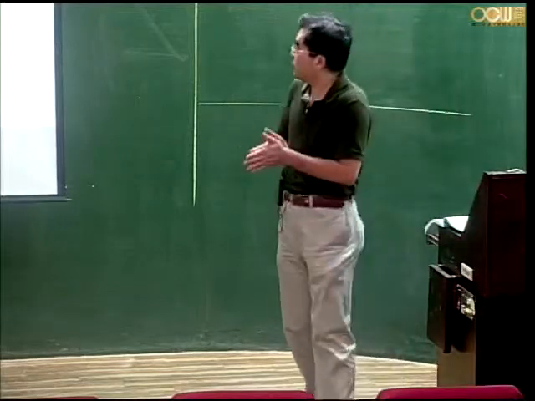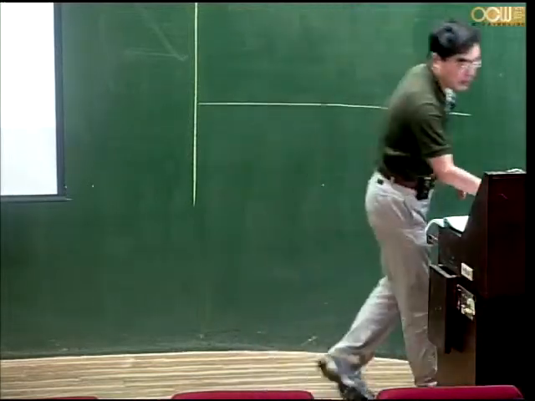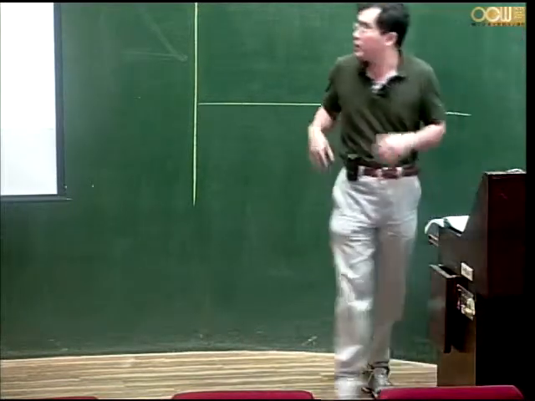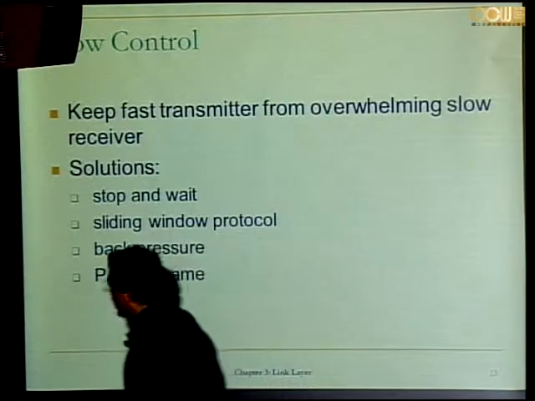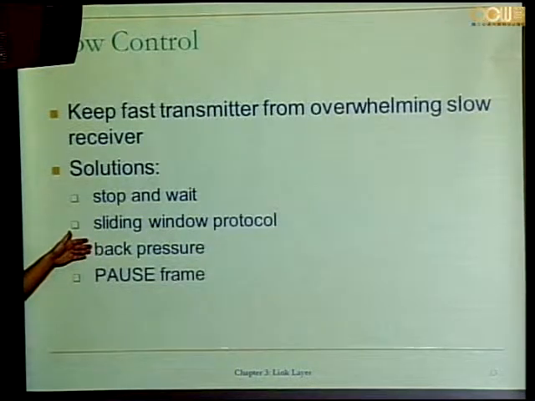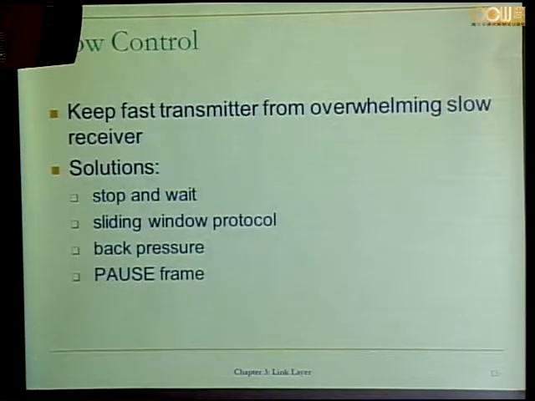Ethernet says that if the receiver senses that the transmitter is sending too fast, then it would use back pressure. It means that it would send a carrier signal to keep the channel busy. If the channel is busy, then the transmitter would sense it and stop transmission. It would not be able to transmit if the channel is busy.